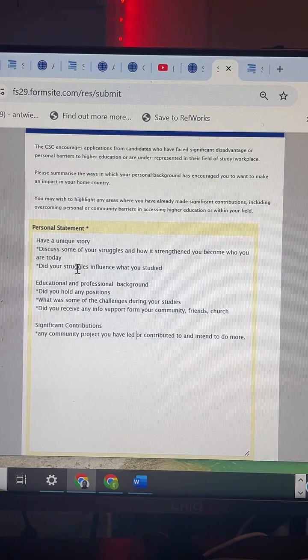And so discuss the struggles. If you were supported by your local community, your church, you now mention that, oh, I was supported by my local community, my church supported me in this, and they've helped me come to this level of education. And so maybe now you are also giving back to the community.